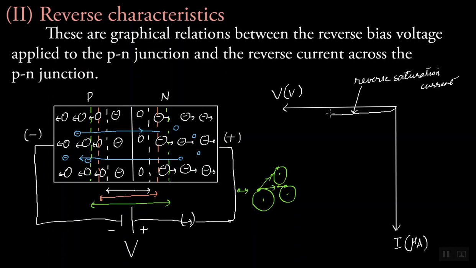This current will increase abruptly like this. Got it? And this voltage, when this happens, is called the breakdown voltage.